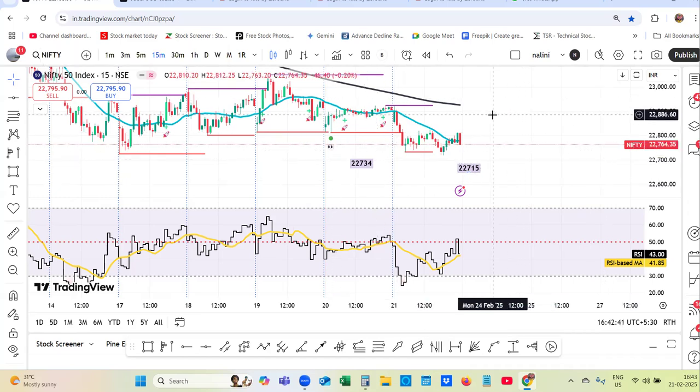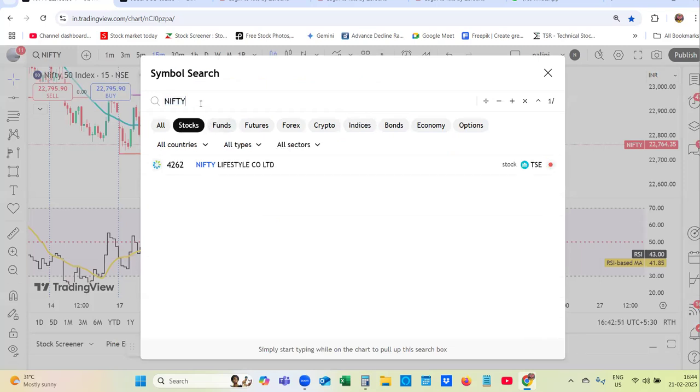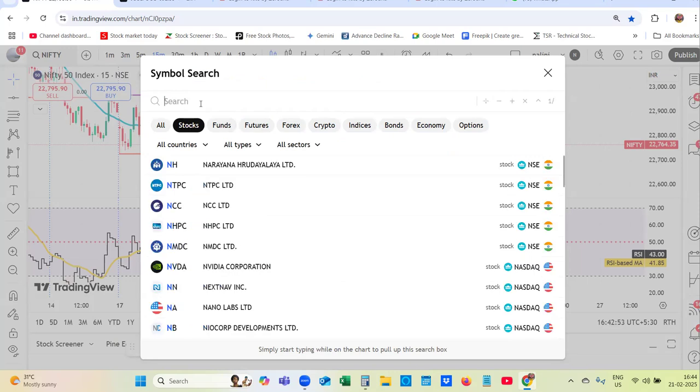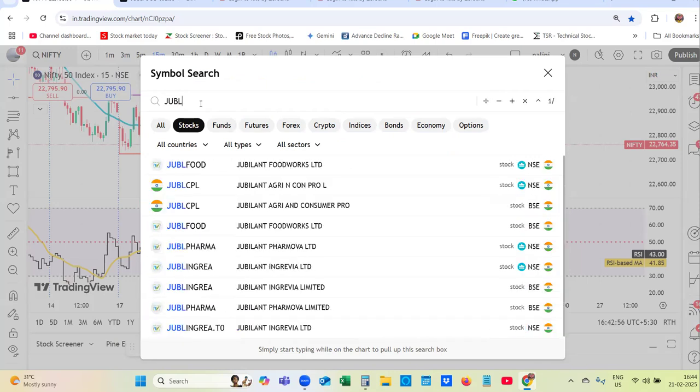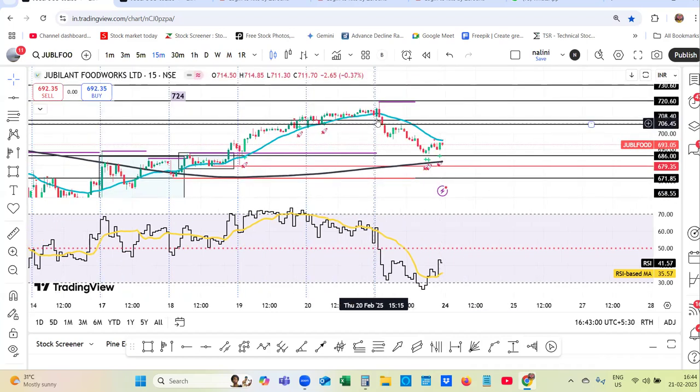Let me go to Jubilant Food also, one stock, to see how it works on Jubilant Food. Okay. See, here it plotted the resistance. Can you clearly see? And the close of this first candle is below the 20 period moving average.